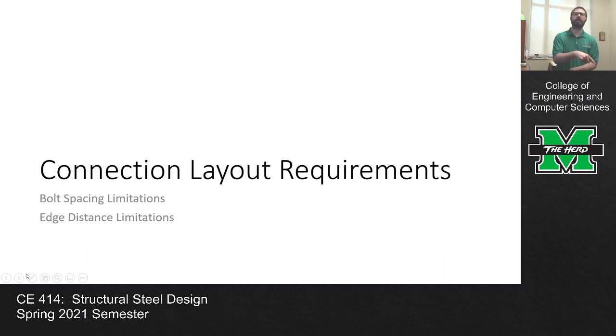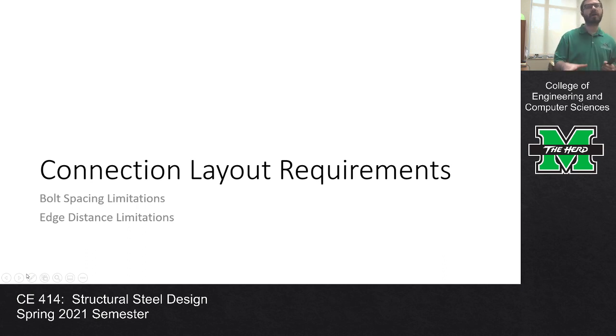On top of all of that, there are also limits regarding the spacing of the connection itself, not for strength, but for real life serviceability issues. And so we need to talk a little bit about those connection layout requirements. One, because we want to ensure that our connections meet these requirements as well on top of strength requirements, but also we're going to use these connection layout requirements for design purposes, okay?